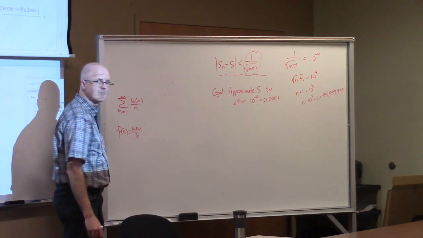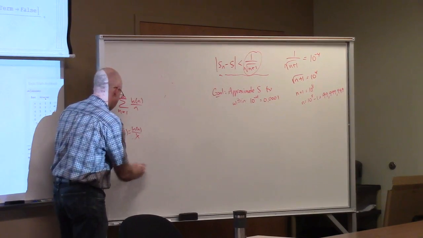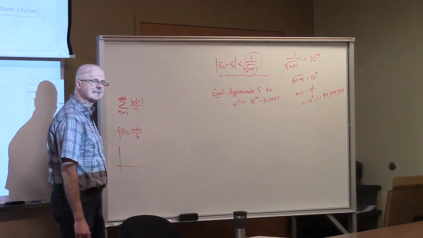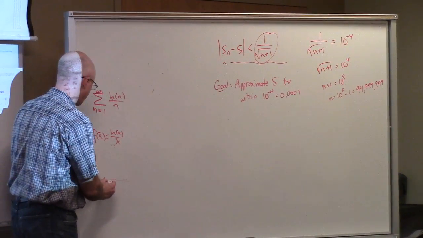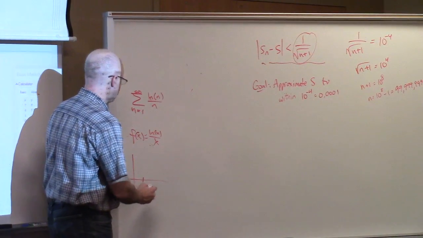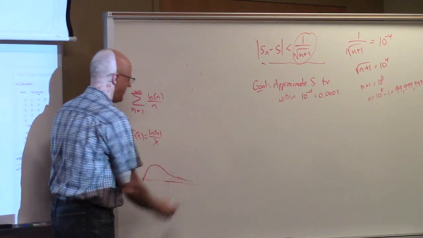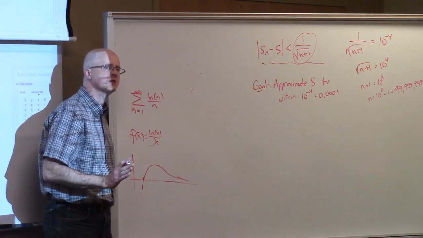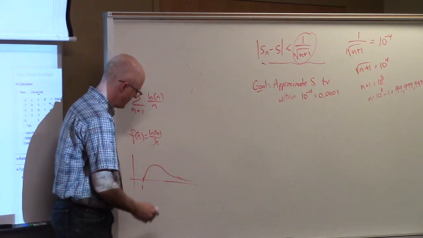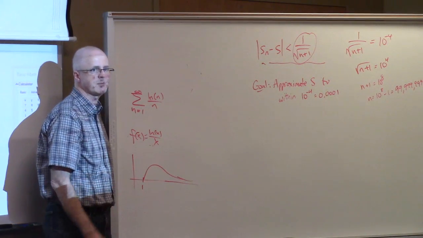Graph it from 1 to infinity. It's not always decreasing, but it would be eventually decreasing on the interval from 1 to infinity. It's probably going to look about like this. In the integral test, you can get away with your function just being eventually decreasing. It doesn't have to start decreasing at 1, and the integral test will technically still apply.